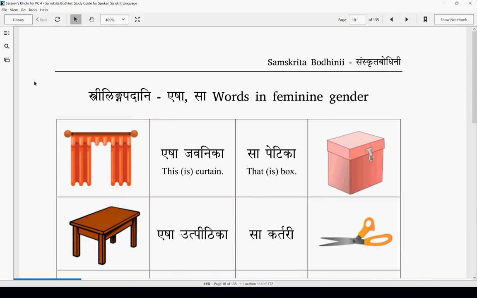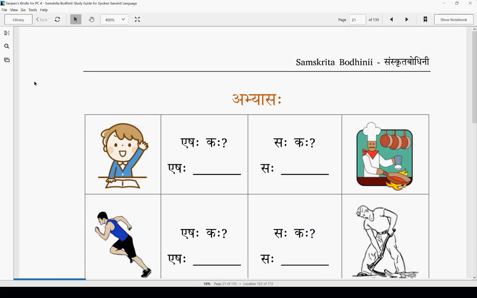All right, so we looked at this, and then there is a Bhasha. You can do this Bhasha or exercise later. Eshaha kaha, etc. Do you want to do it now?